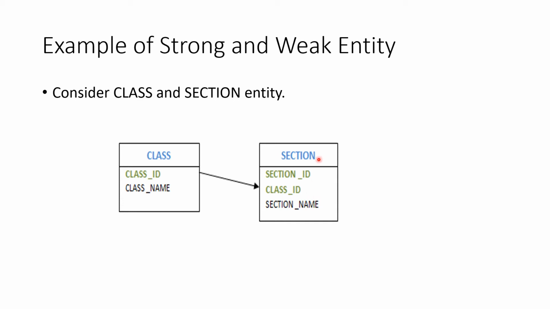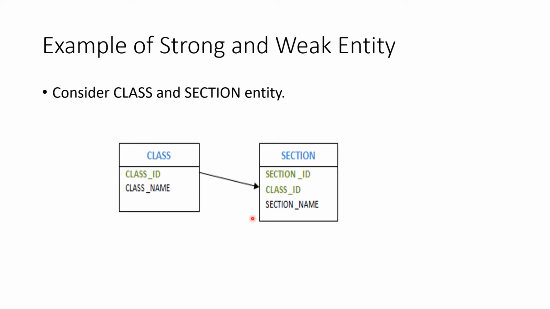Suppose I have given D, then the section ID will be given in this section ID, D. So we will be able to easily recognize that this section D is coming from this class 11.